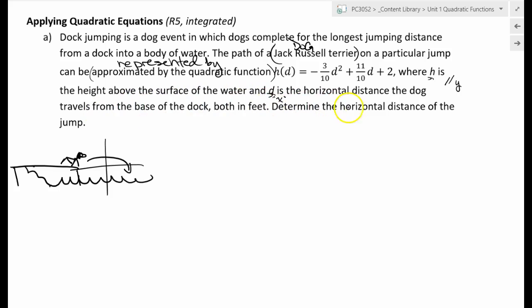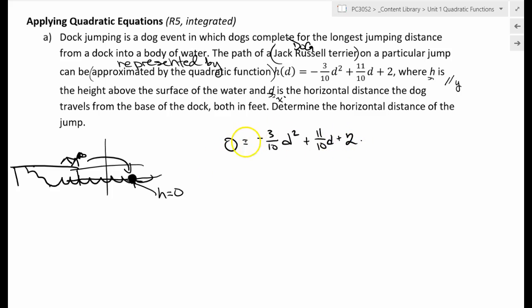Okay, determine the horizontal distance of the jump. Okay, well, the height above the water when it actually lands is going to be 0. So we're going to set this all equal to 0. 0 equals -3/10 d squared plus 11 over 10 d plus 2.